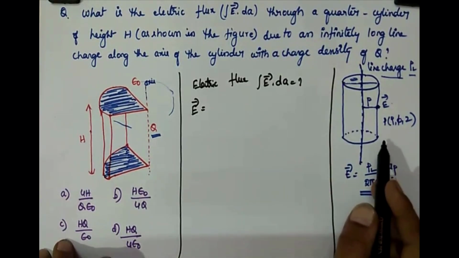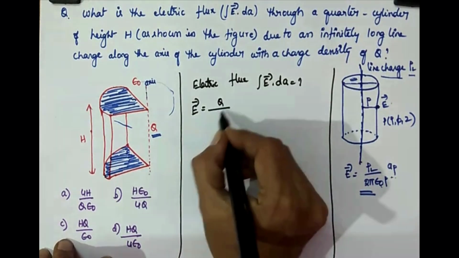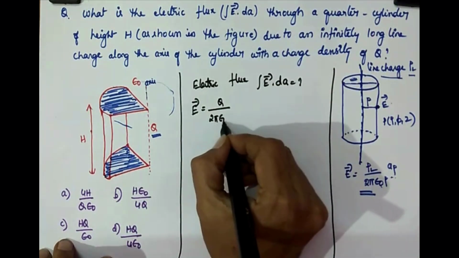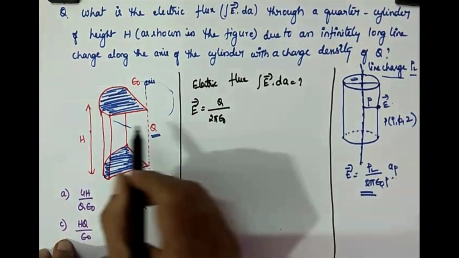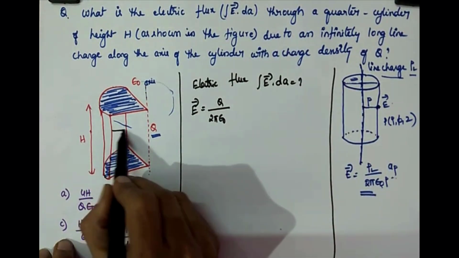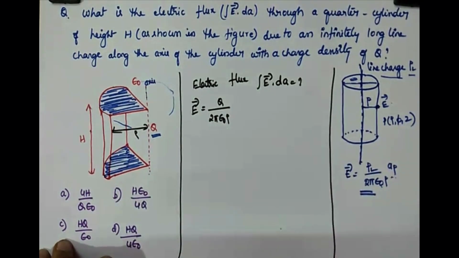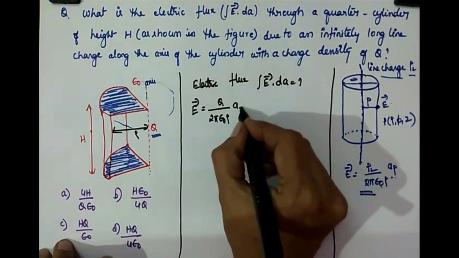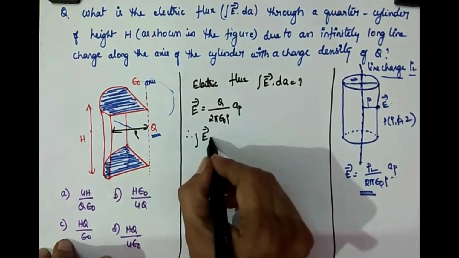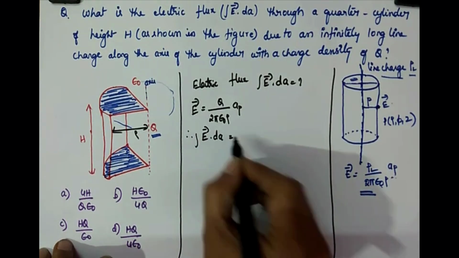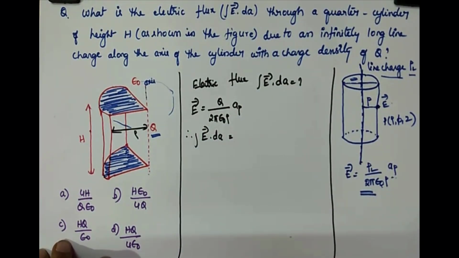Here rho L is the same thing, charge Q, over 2 pi epsilon naught rho, where rho is the radius, and the direction is A rho. Therefore, integral E bar dot dA, where dA is the differential area.